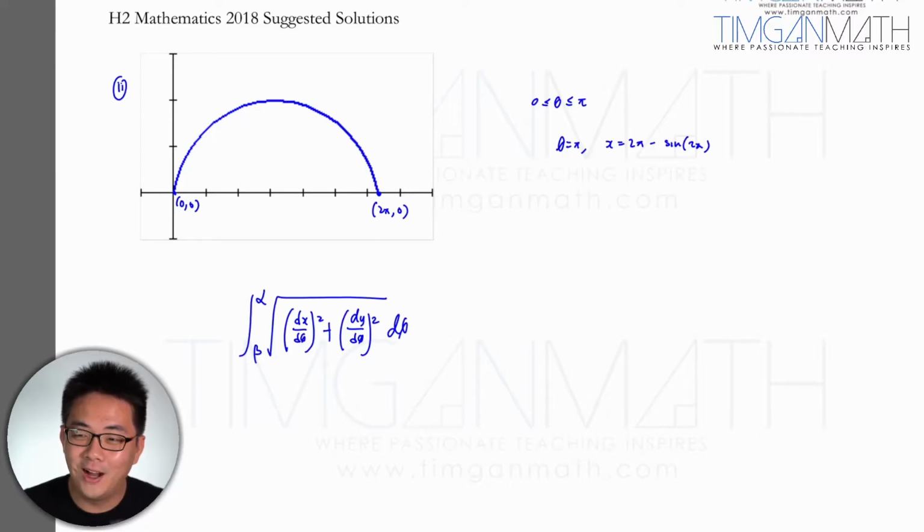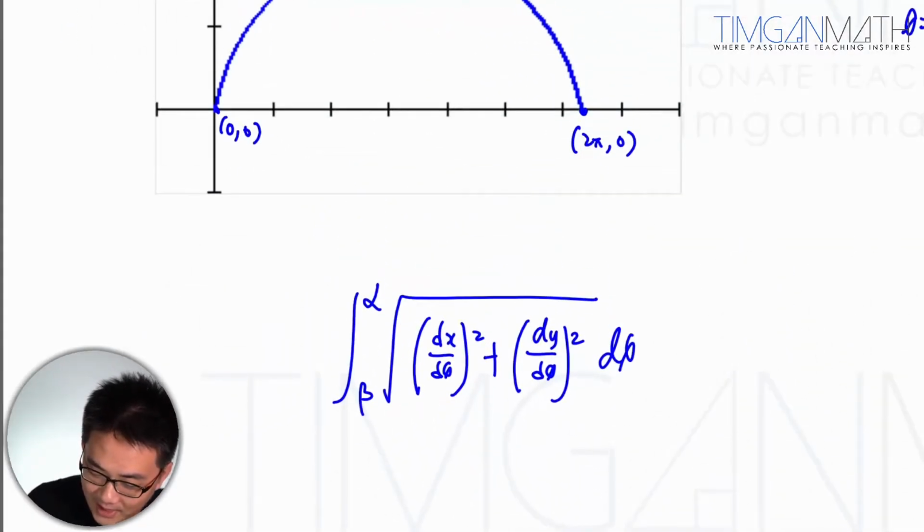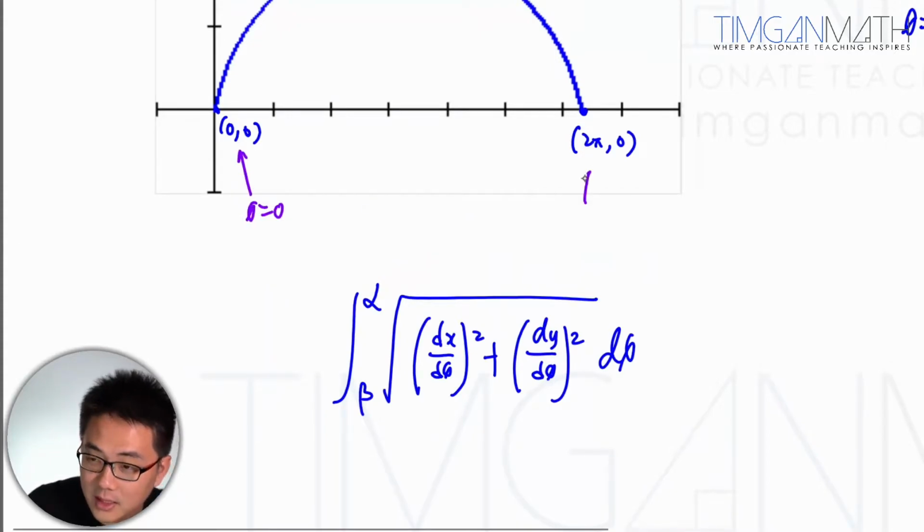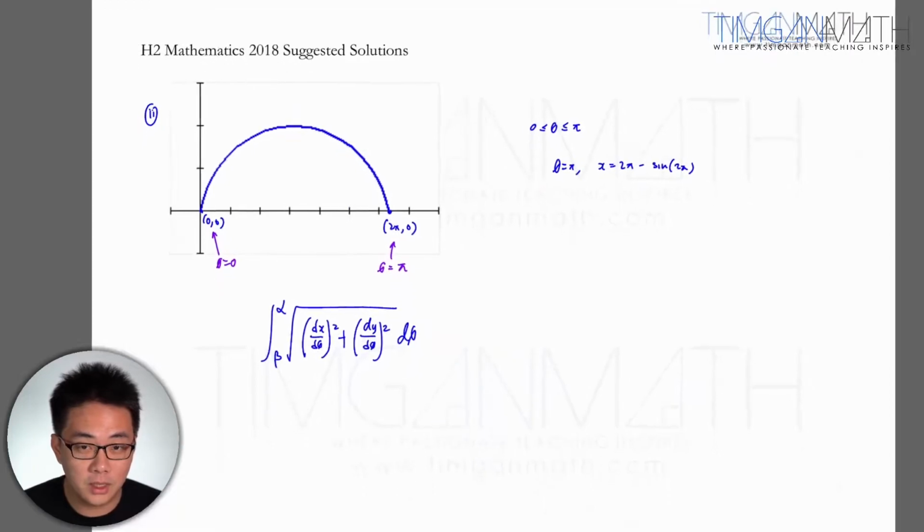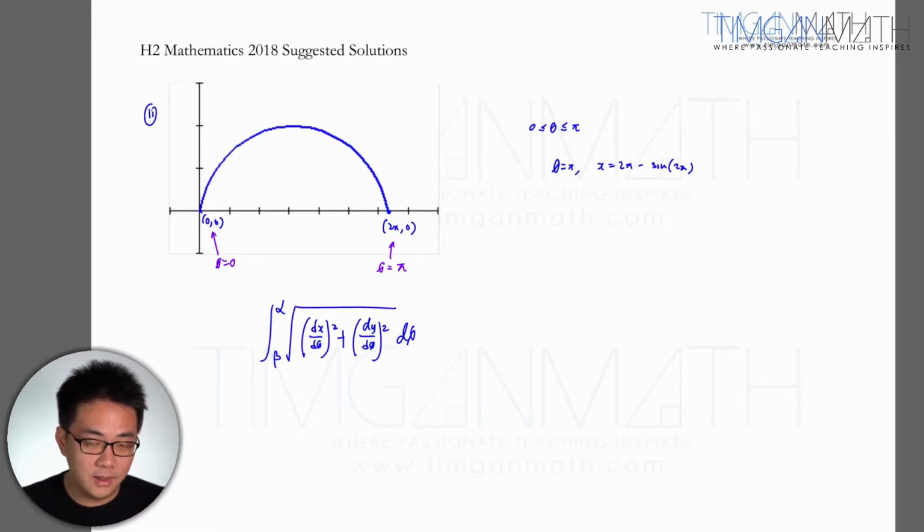Where theta is between the two limits, this part here is theta equals 0, and this part here is theta equals pi. The parameter theta is the invisible moving force behind the parametric curve. So theta equals 0 corresponds to 0, 0, and theta equals pi corresponds to 2 pi, 0.